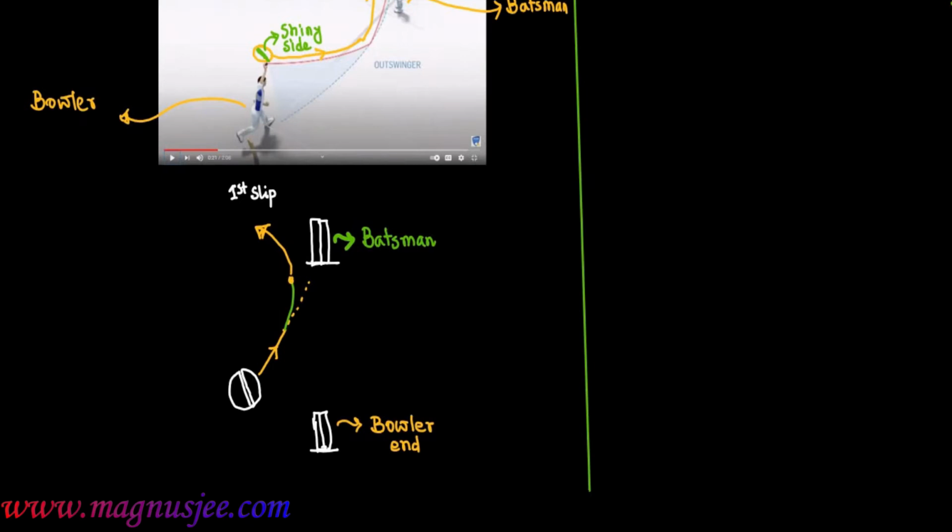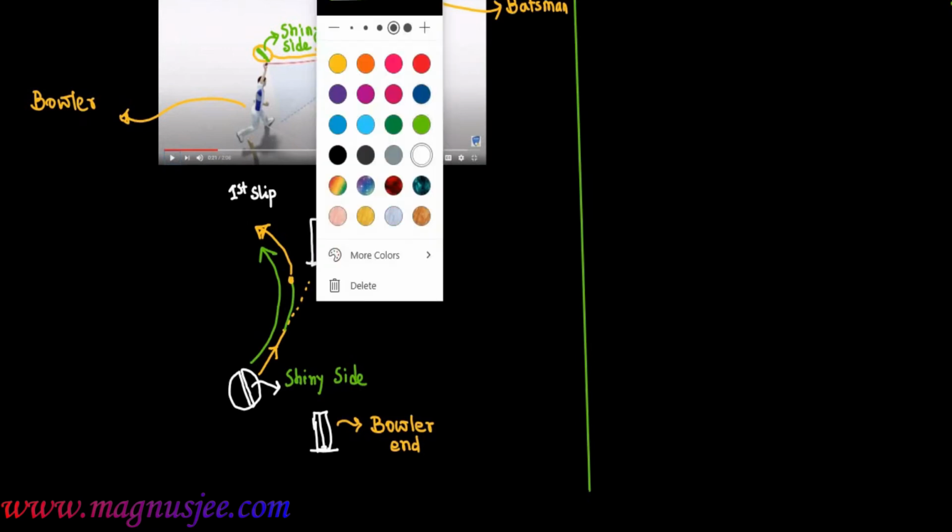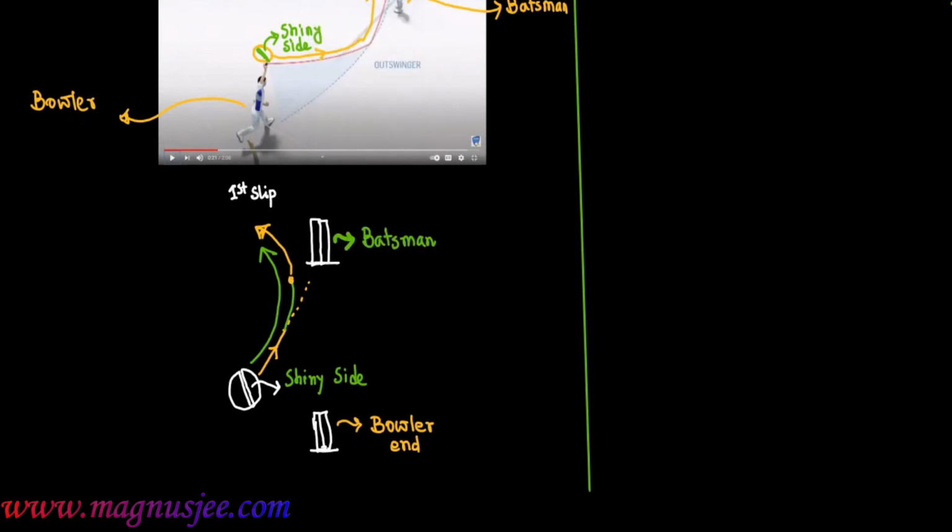Though it was thrown straight, it will depart from its actual trajectory in air. The shiny side is placed towards the batsman, but the ball will swing away from the batsman. That means outswing occurs towards the opposite end of the shiny side.